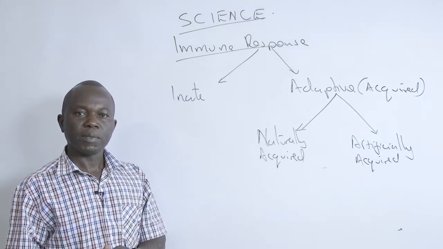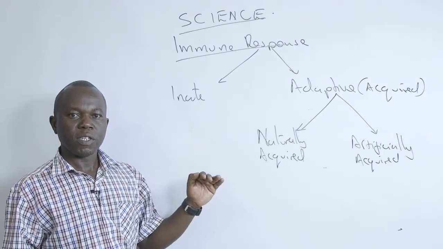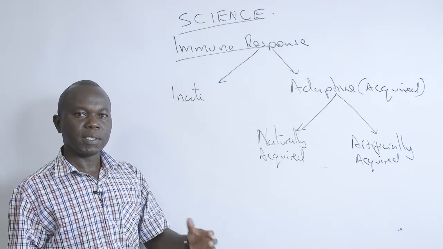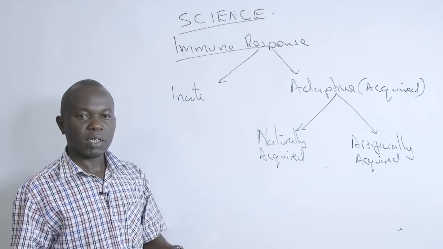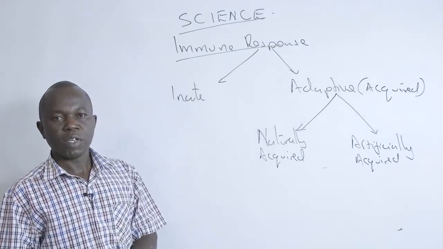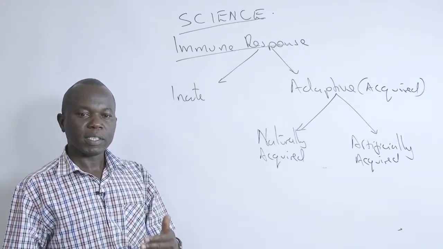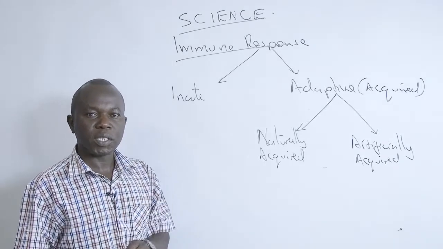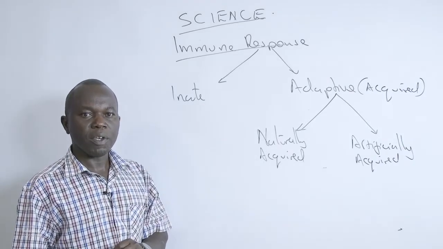It will react by producing antibodies, and the structure of the pathogen shall be retained in the memory cells, such that in subsequent attacks on the same person, the body is now able to produce a large amount of antibodies.